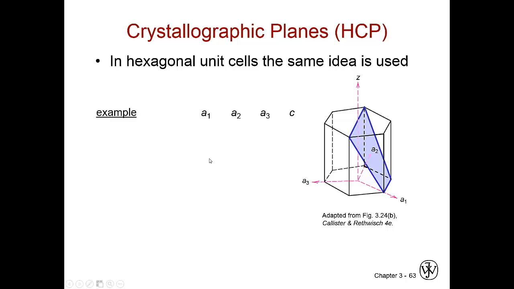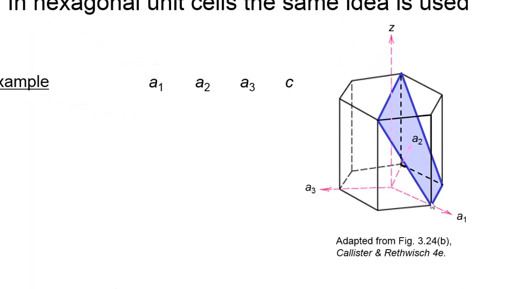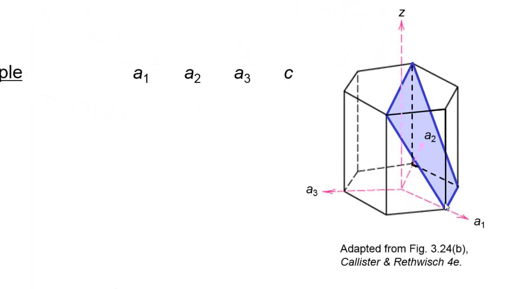Basically the same idea. We look for the intercepts. This one you can see clearly intercepts A1 right here, A away from the origin. It also intercepts A3, but it's at a negative A from the origin. So this is backwards here.